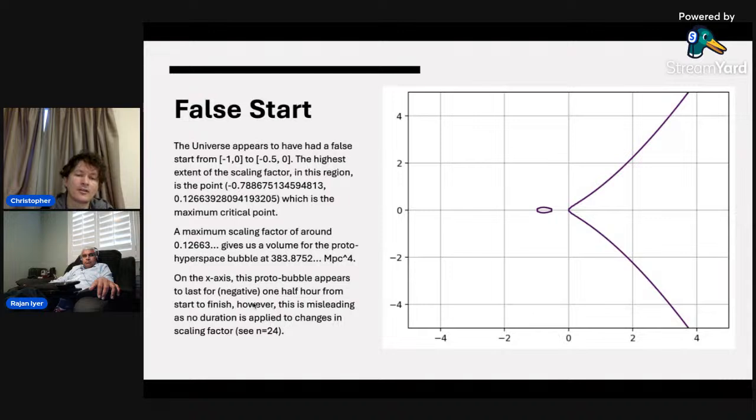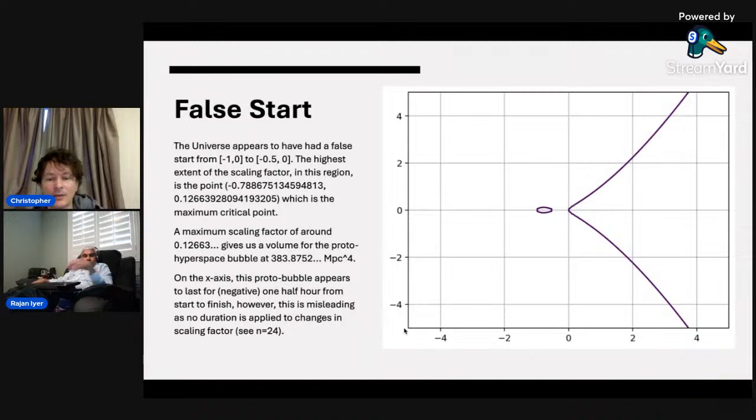So here it says on the x-axis, the proto-bubble appears to last for -1/2 hours, which obviously doesn't mean anything. It's kind of funny. However, this is misleading as no duration is applied to changes in the scaling factor, especially when the universe has already reached its full size. That happened after 24 hours, but it remains at its full size over the lifespan of the universe.